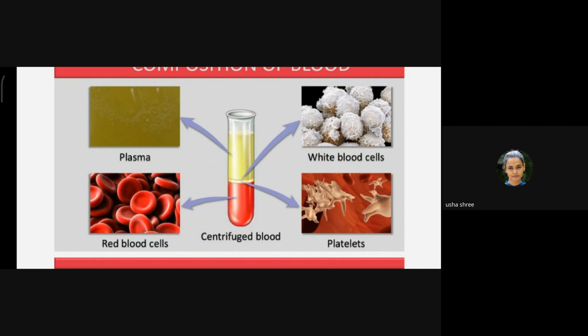Like you can see in this test tube, blood cells are being sedimented down, and the plasma portion is above the sedimentation. Means the yellow portion of this test tube is plasma, being separated after being stored in the laboratory, and the heavy portion, or the cells of blood, are settling down.